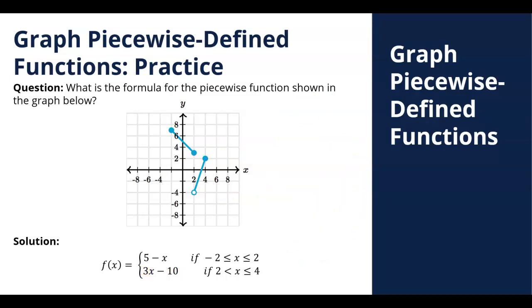And so this graph here is defined by the piecewise defined function given by f of x equal to 5 minus x if x is between negative 2 and 2, and f of x is equal to 3x minus 10 if x is between 2 and 4.